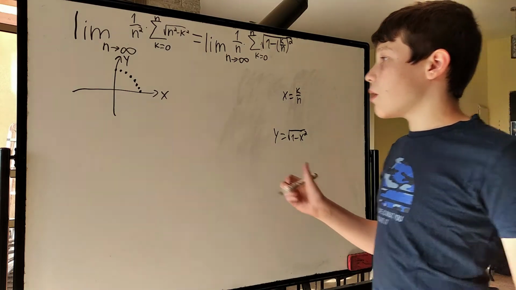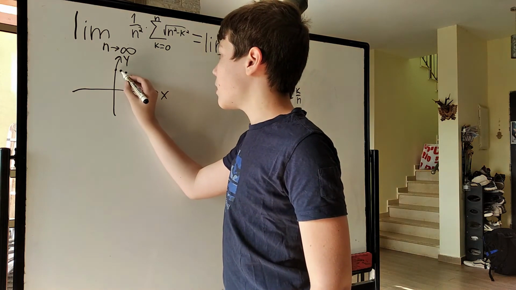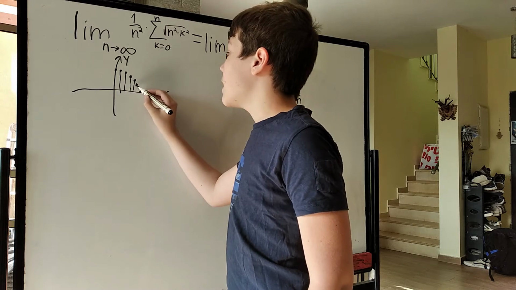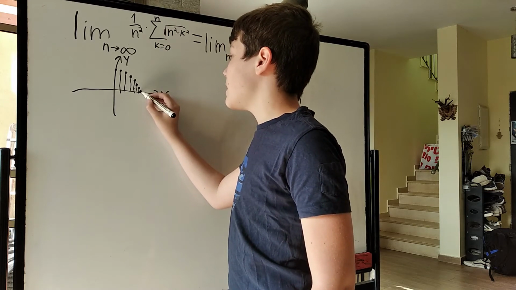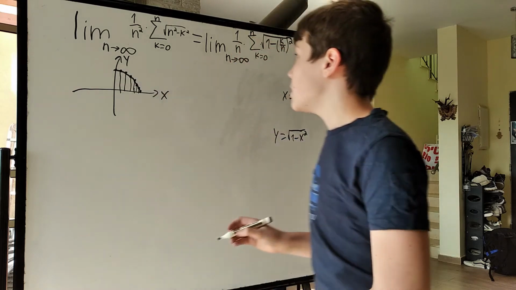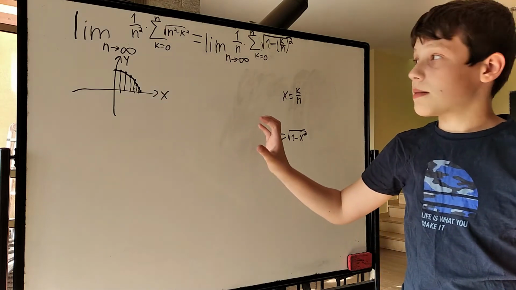Now what we're doing here is looking at these values, or these lengths of these lines, and we're summing the lengths of all these lines.